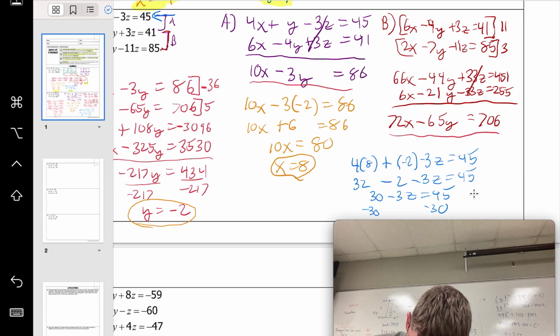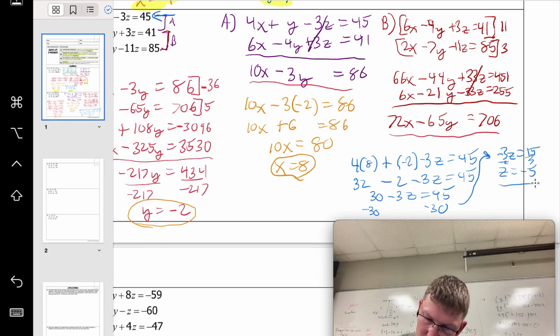So now we're going to have negative 3z equals 15. Then we divide both sides by negative 3, so z equals negative 5. Done. You did it. Another one down.